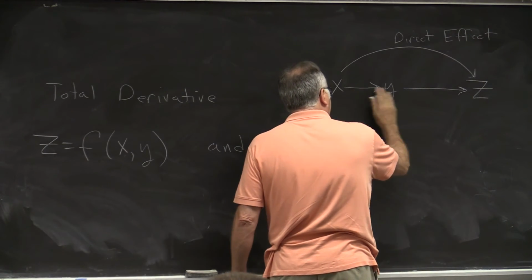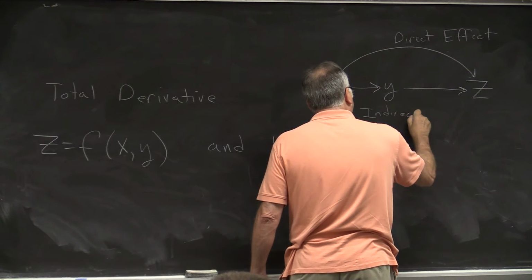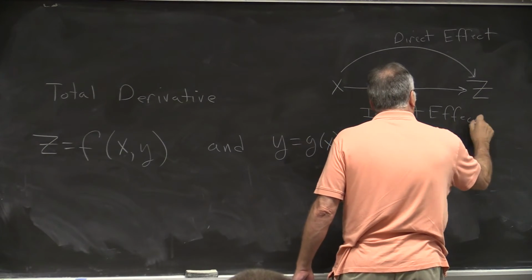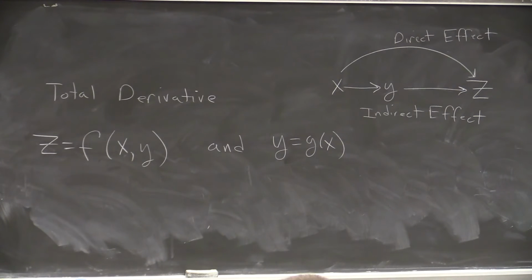Here is the indirect effect. So mathematically, the direct effect is just this, partial f, partial x.